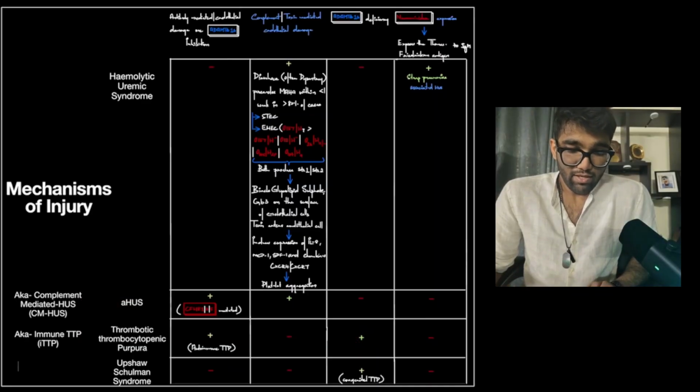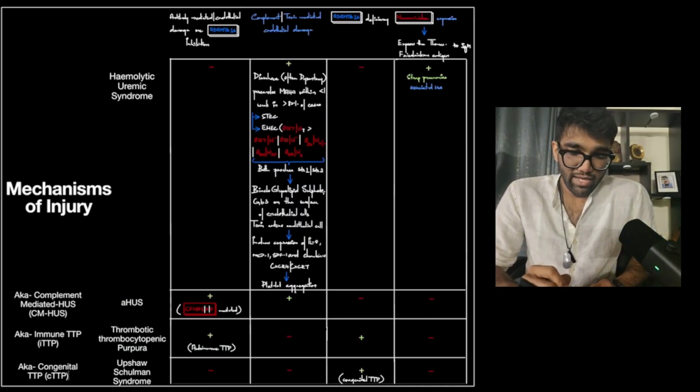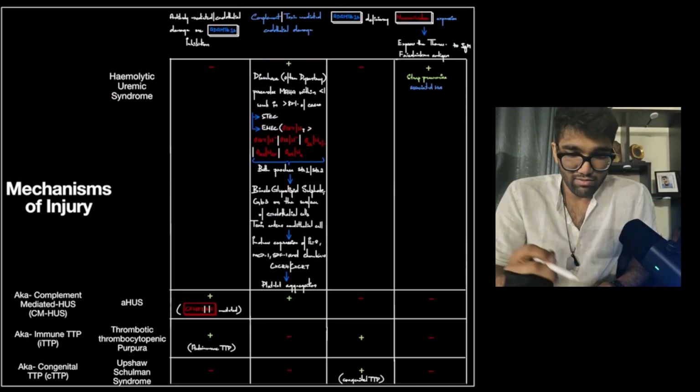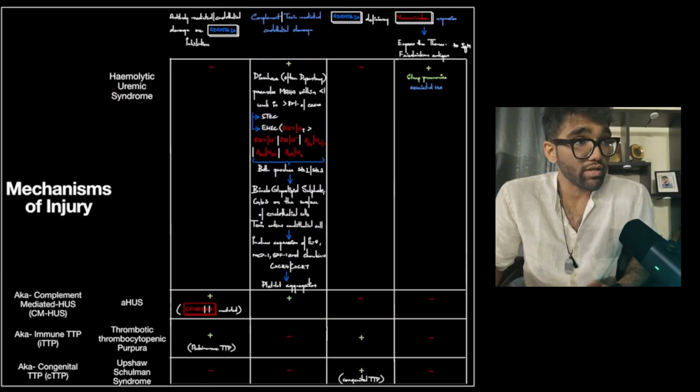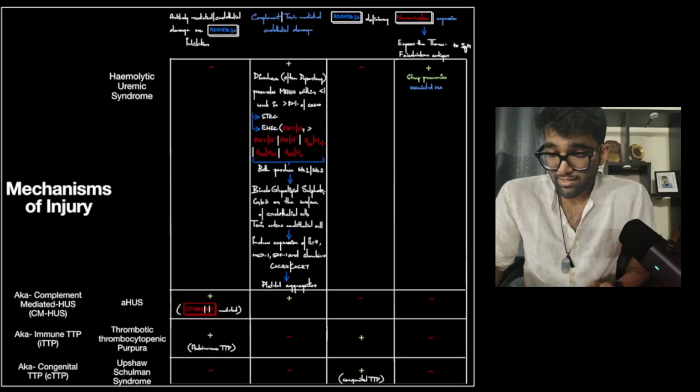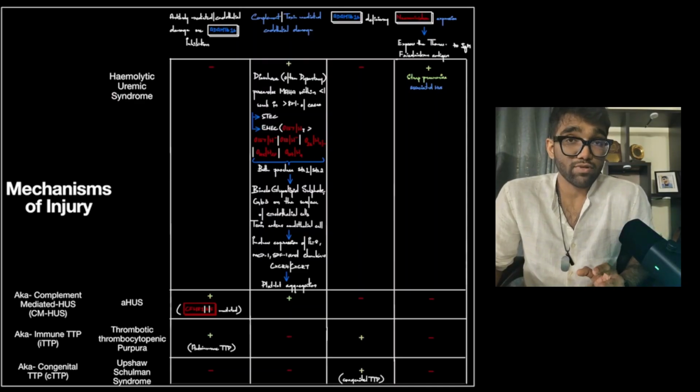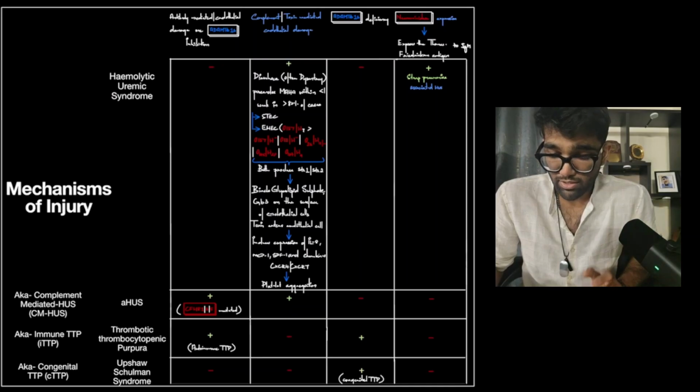Okay, and again, Upshaw-Schulman syndrome specifically refers to congenital TTP, which is CTTP. So these are the terms that have been used in the ISTH, the International Society of Thrombosis and Haemostasis guidelines. So that's why I've highlighted them here. But in Harrison, they've stuck with the old terms.